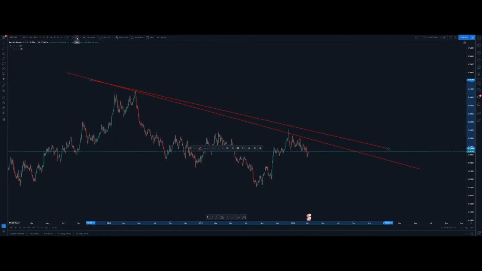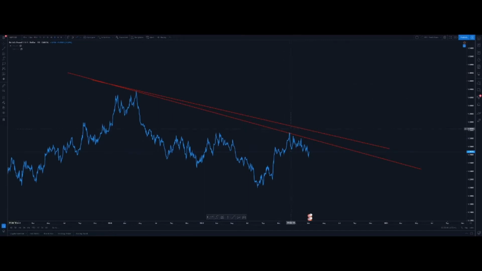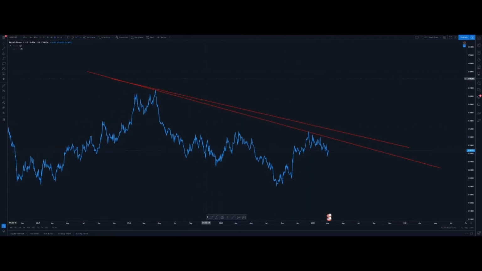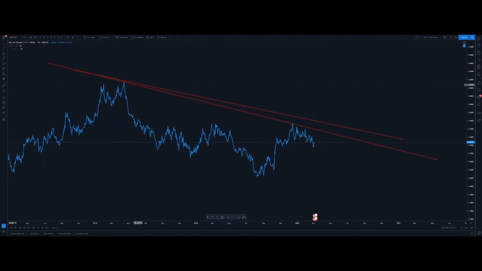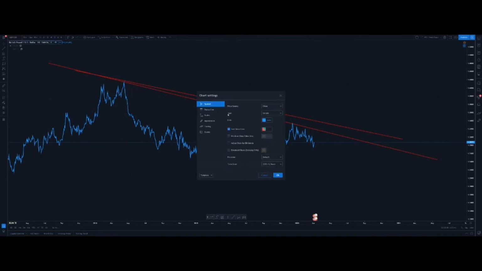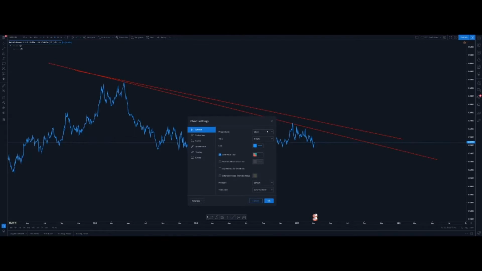And change back to lines, and now you will see, hey, this is not connecting to anything. Well, the reason for this is when you go to the properties of the lines, the price source is at close. Hence the reason why we connect the bodies with regular candles.